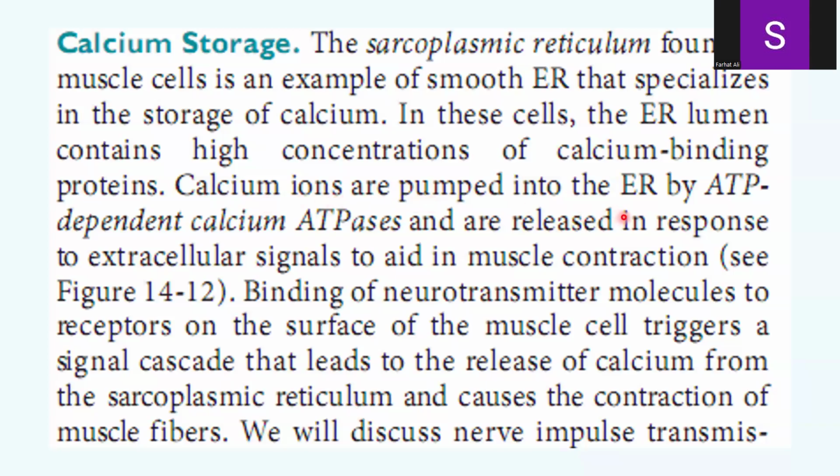When the cell requires the ER to release calcium, through a signaling mechanism, calcium channels are activated, and then calcium ions will be released into the cytoplasm of the cell. One function is muscle contraction. Well, release of calcium is important for other signaling processes as well.